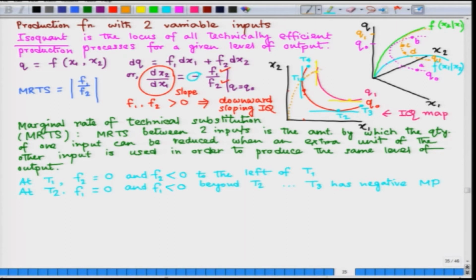This curve joins all the points along which the marginal product of input 2 is 0, and let us have another curve joining the points along which the marginal product of input 1 is 0, and these two curves are known as ridge lines.